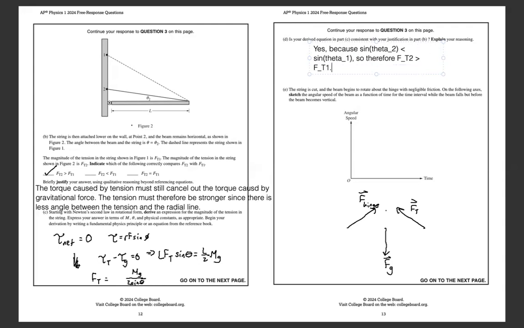Sketch the angular speed as a function of time, but before the thing becomes vertical. All right, what's going to happen as a function of time is that the torque caused by gravity is actually going to go down. How is it going to go down?